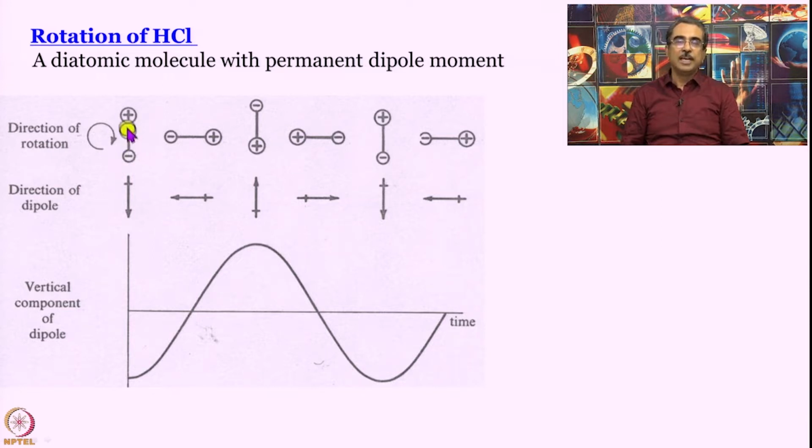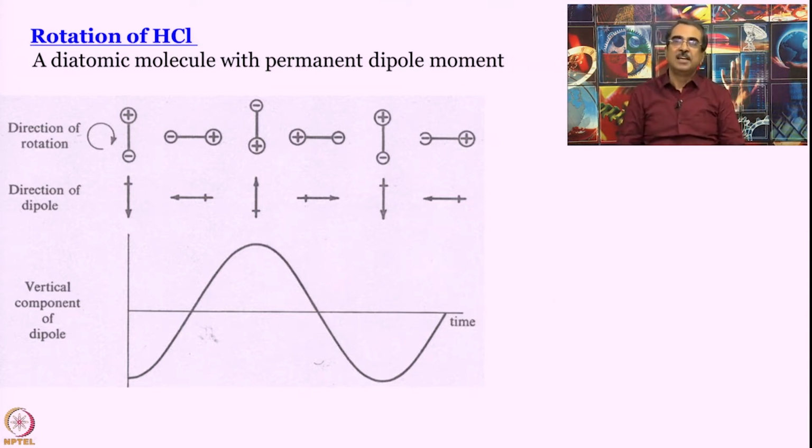Think of this HCl molecule, which has a permanent dipole moment, rotating. What happens? The direction of the dipole keeps changing constantly, and if you plot the vertical component of the dipole, here it is negative, here it is 0, here it is positive and maximum, then again it is 0, negative and maximum, 0, and so on. It goes on like a negative cosine wave or something like that.